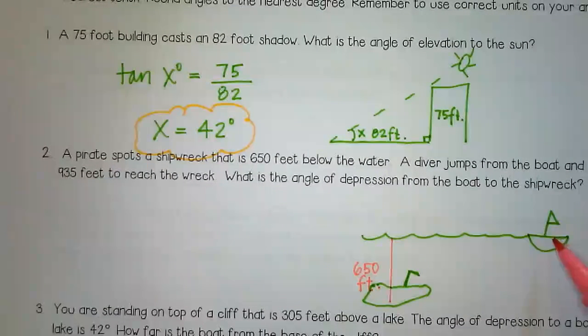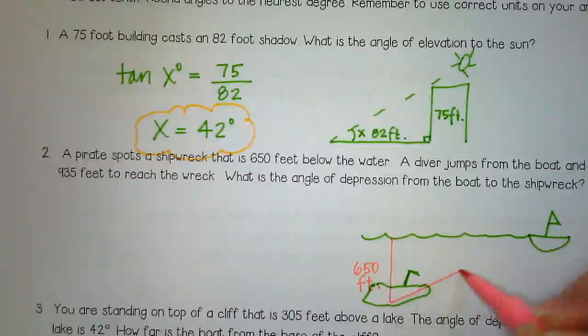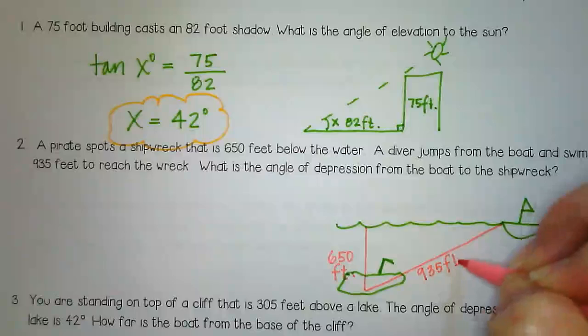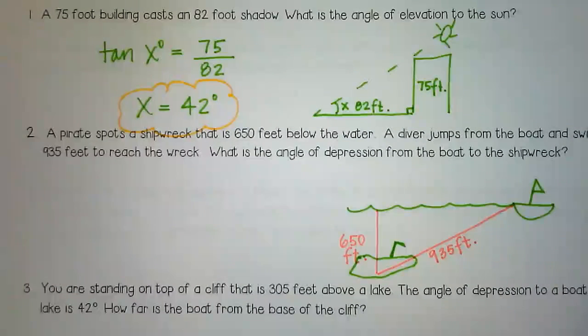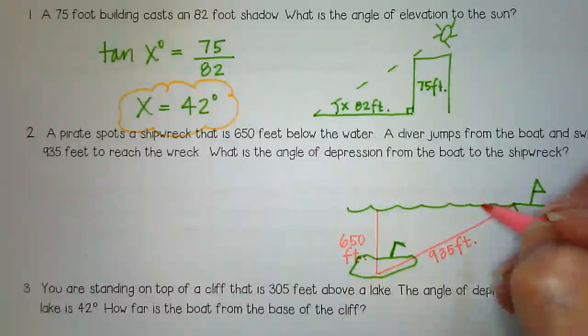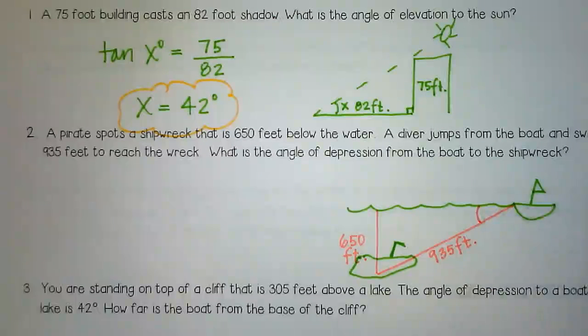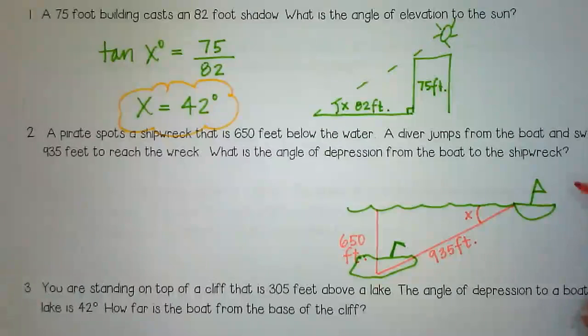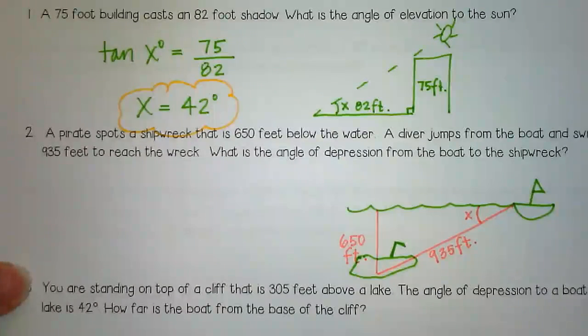A diver jumps from the boat and swims 935 feet. So the diver is swimming this distance, which is 935 feet. So the question is, what is the angle of depression from the boat to the shipwreck? That is this measurement right here, and we do not know that measurement. This looks like sine.